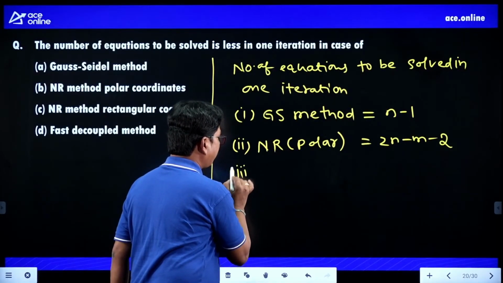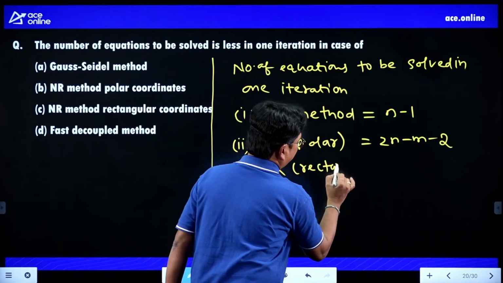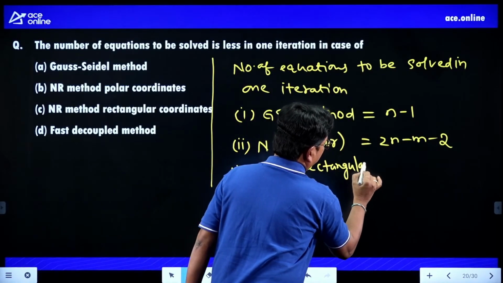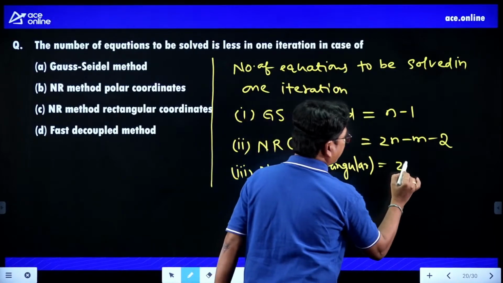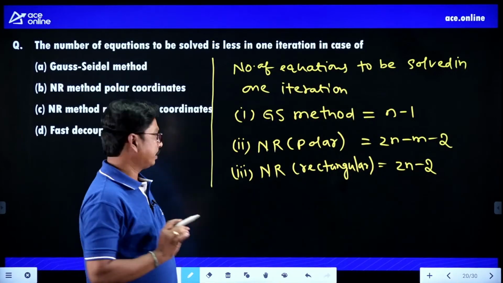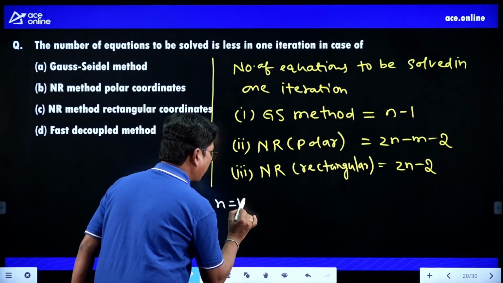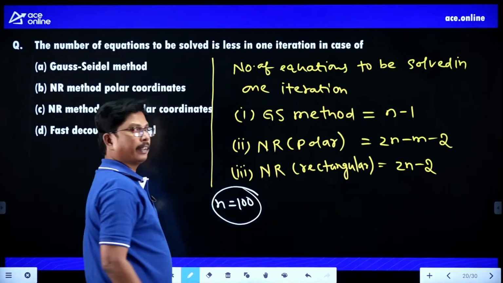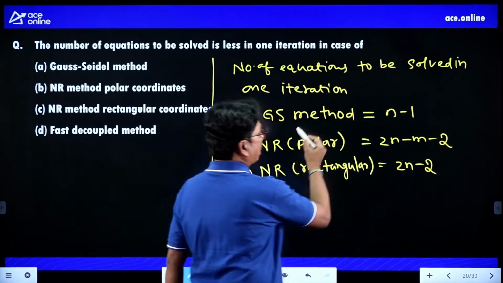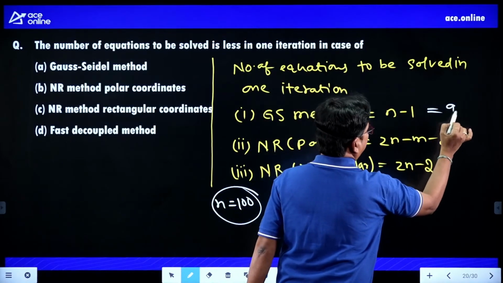And in case of NR rectangular, it will be 2n minus 2, right? Now for example, if n is equal to 100, then the number of equations to be solved in case of the GS method will be 99.